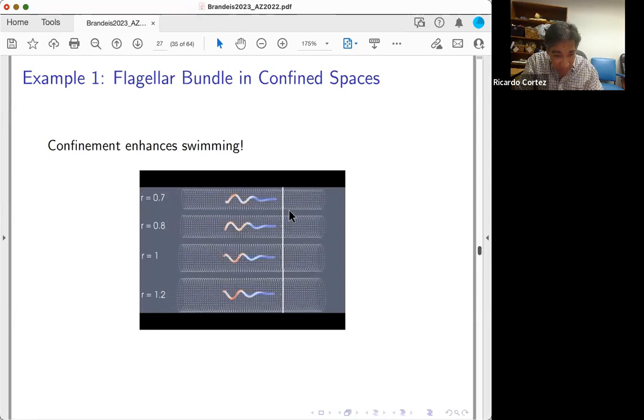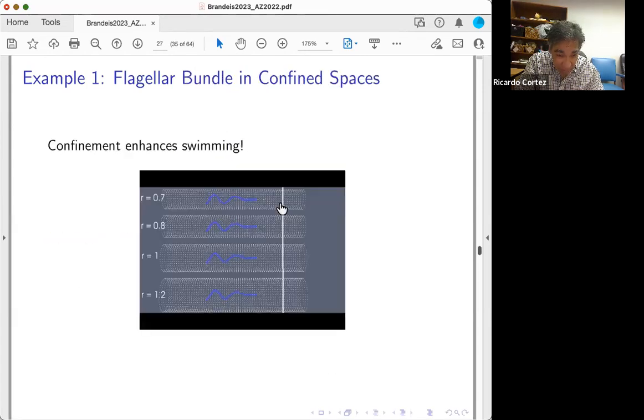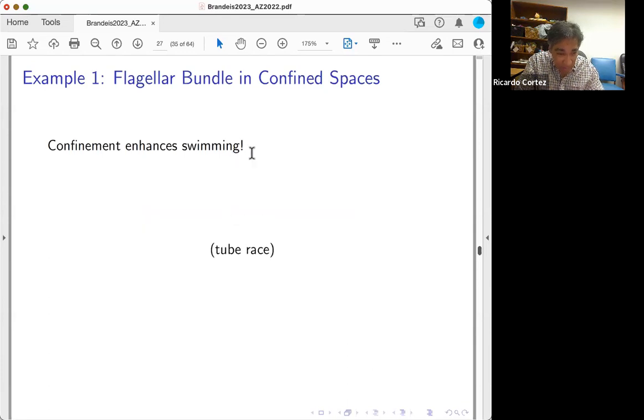And if everything else is the same, the one in the smaller radius tube swims the fastest. So confinement enhances the swimming in a way. As you get confined more and more, somehow that is helpful to propel yourself.